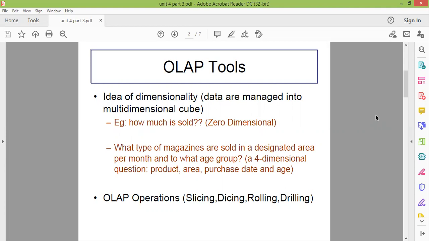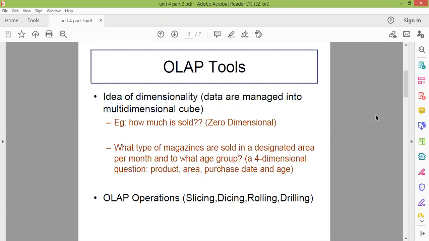Now you are collecting cell data based upon a particular area, product, date of purchase and age. So we have 4 dimensions here. For techniques based on so many attributes, we have the OLAP tool for extraction of this knowledge. For this 4-dimensional data, you need certain cubes, and those cubes can be collected together to make a big multi-dimensional cube.